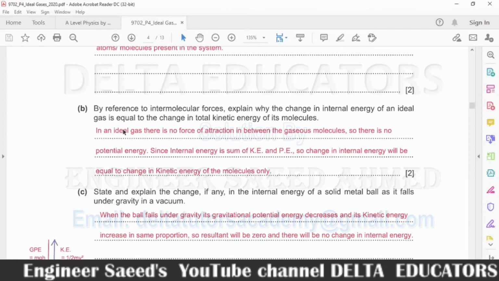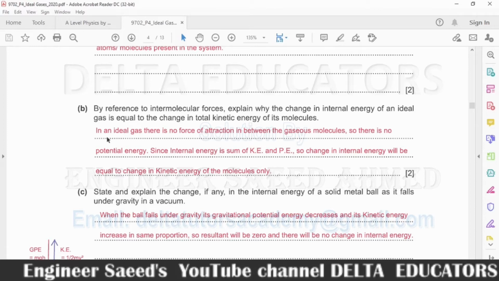Since there is no force of attraction or repulsion, we don't have any potential energy. Potential energy in ideal gases is zero. So whatever the internal energy is, it is because of the presence of kinetic energy. So in ideal gases, internal energy is equal to the kinetic energy of the gaseous molecules.